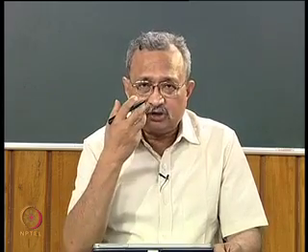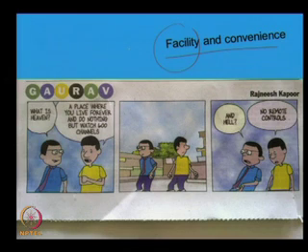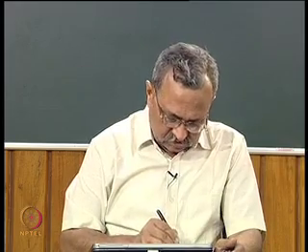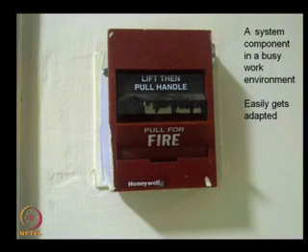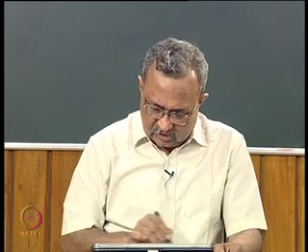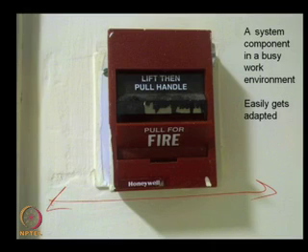It means the human issues in relation to those factors: not only are the facility provisions necessary, but the convenience to use those facilities also needs to be seen. Like this equipment shown on a corridor, a fire hazard equipment is placed, but when there is no fire and people are crossing through this corridor, after a certain period a system component in a busy work environment easily gets adapted to.